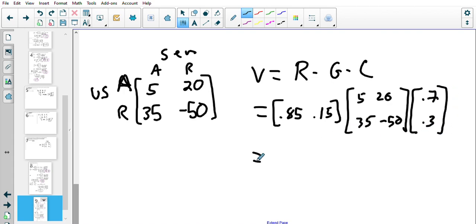So I'll just use my calculator to do this computation, putting in our row into matrix A, 0.85, 0.15, putting in our game into matrix B, 5, 20, 35, negative 50, and putting in our column into matrix C, 0.7, 0.3. ABC, just like magic, we get a value of 9.5.